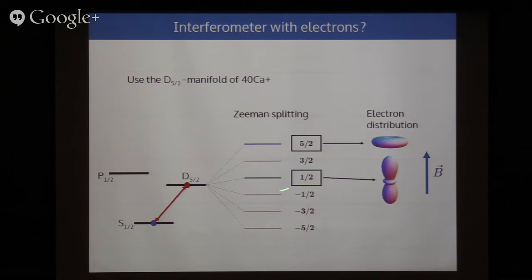So what we are looking at are states where, for instance, the mJ projection is 5/2 or 1/2, and in this state most of the momentum is in the vertical direction, versus here most of the momentum is in the horizontal direction. This comes from the fact that here the wave function is much narrower in this direction, and the Heisenberg uncertainty relation tells you that the momentum uncertainty must be big.